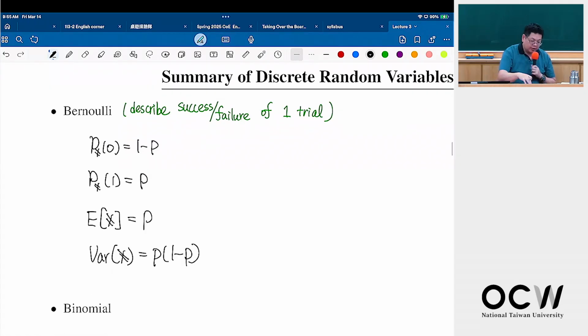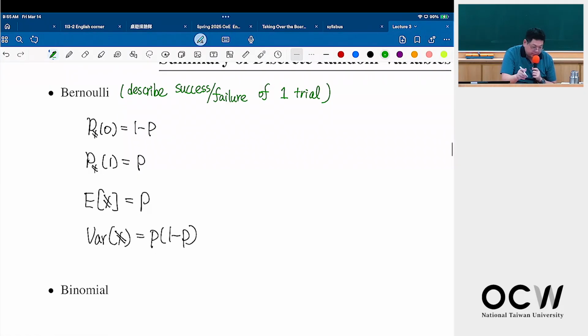For the binomial, I describe the number of successes in n independent Bernoulli trials.